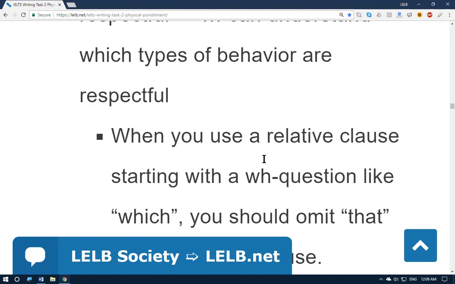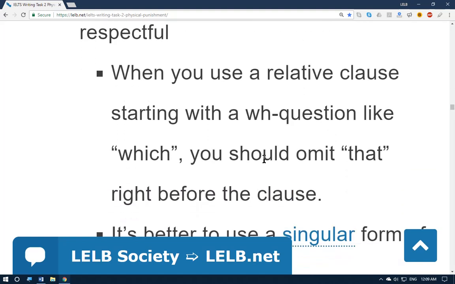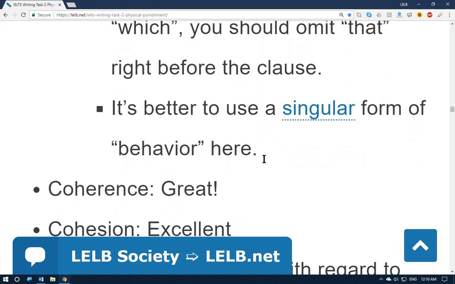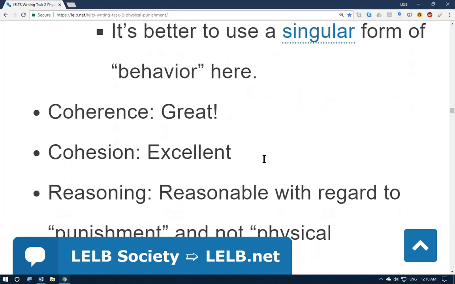I'm just referring to that part. When you see a relative clause starting with a WH question like which, you should omit that right before the clause. Understand that which types of behavior, that should be omitted, because it is just followed immediately by that which. And also it's better to use the word behavior in a singular way.